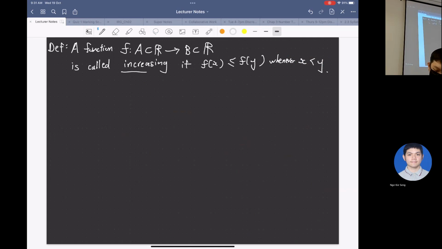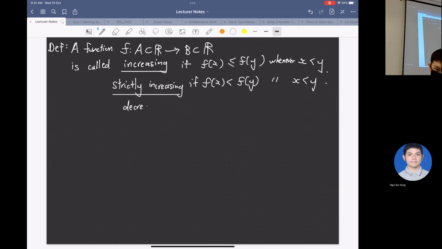And then we say that it is strictly increasing if f(x) is strictly less than f(y) whenever x less than y. And then decreasing if f(x) greater or equal to f(y) whenever x less than y.